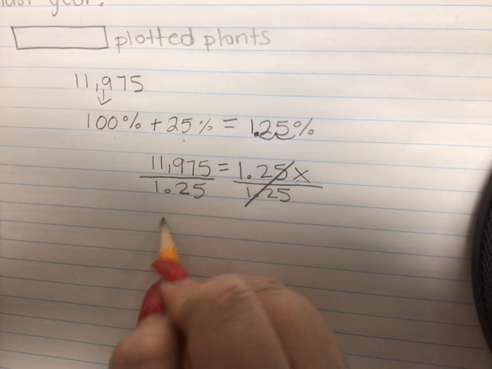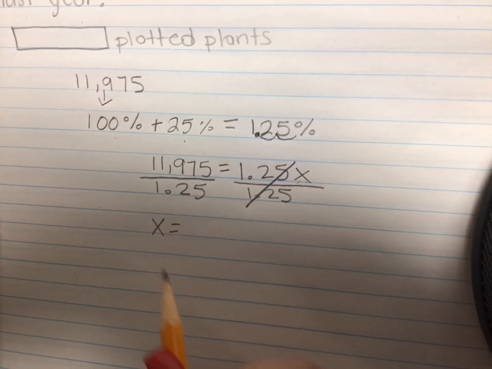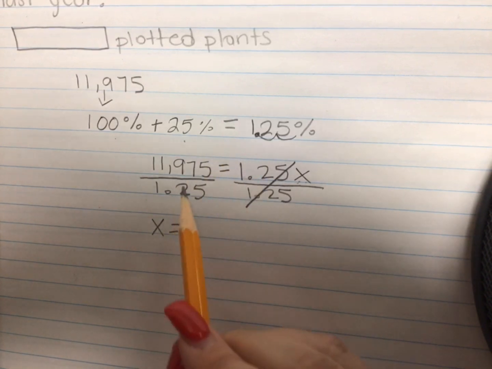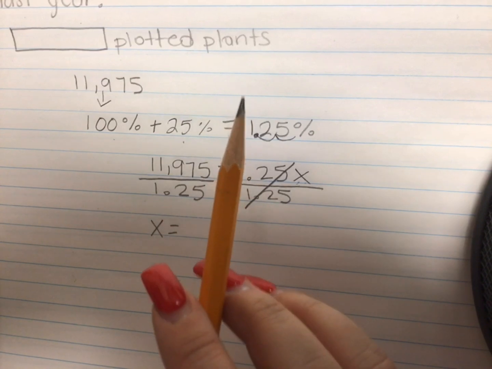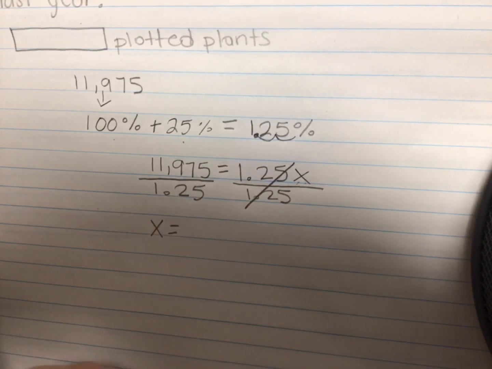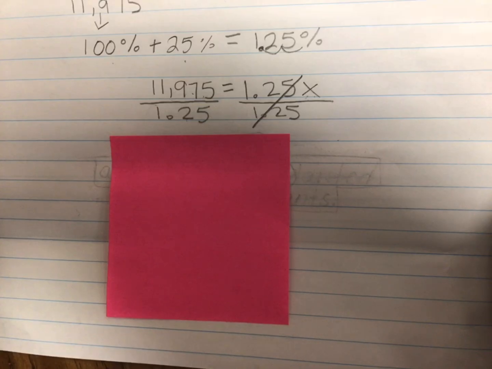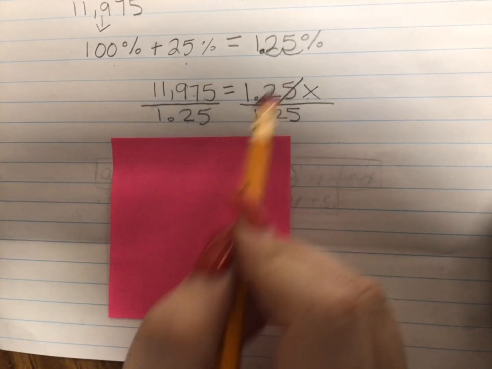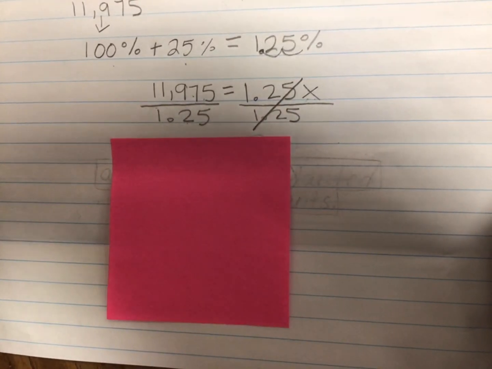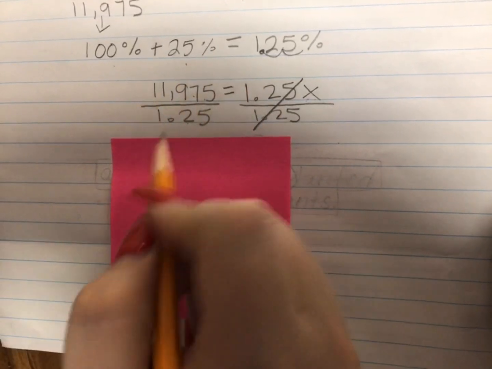You have the X alone now. And then you have to figure out what 11,975 divided by 1.25 is. Once we cross out the 1.25, you have the X alone.